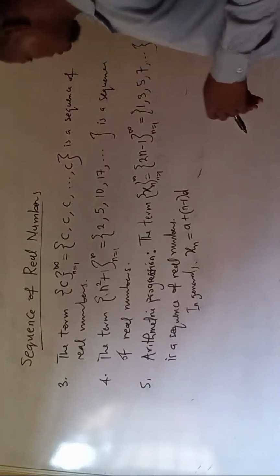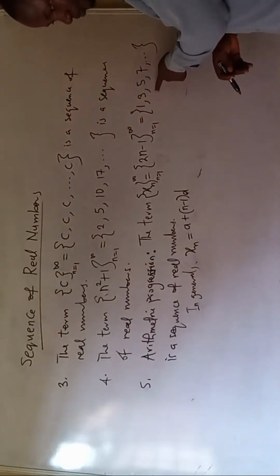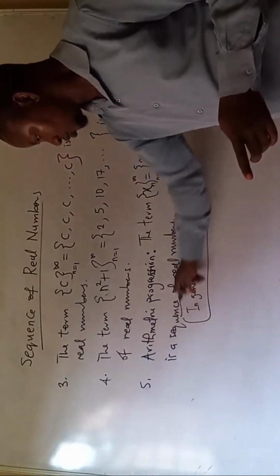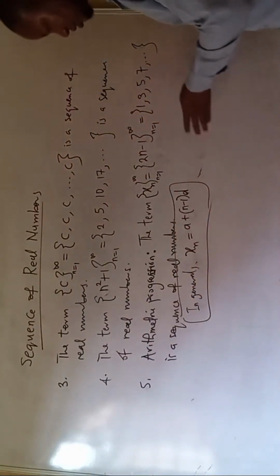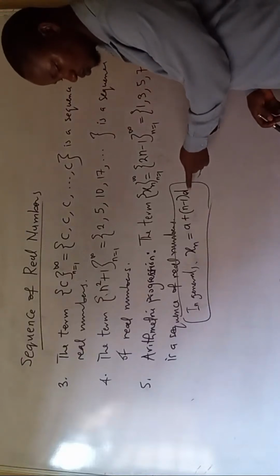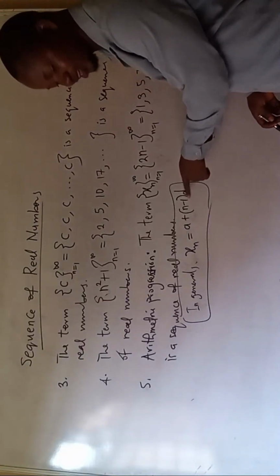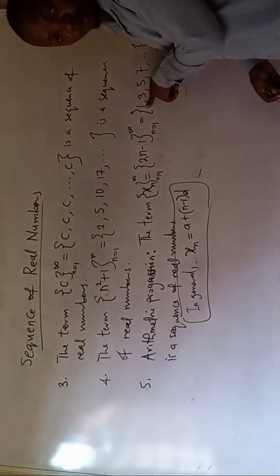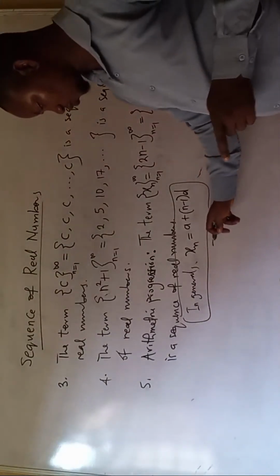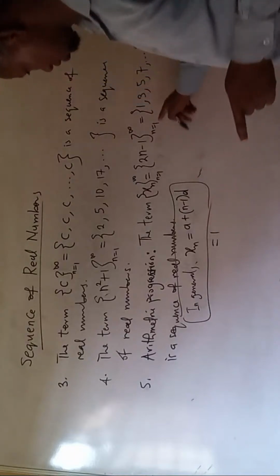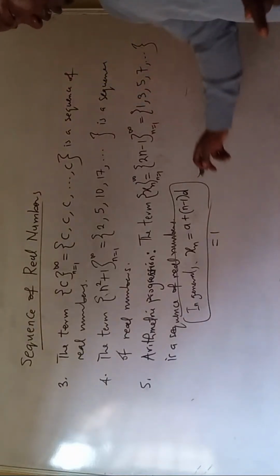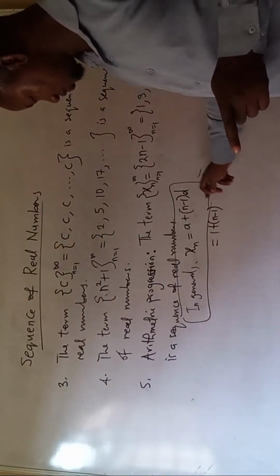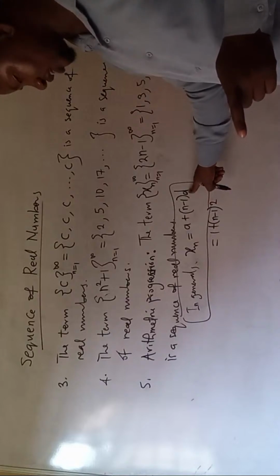Okay, so you will see here that if you want to find any sequence here, just give the first member. Since we know the first member here is 1, we'll give this 1, and the constant difference is 2.